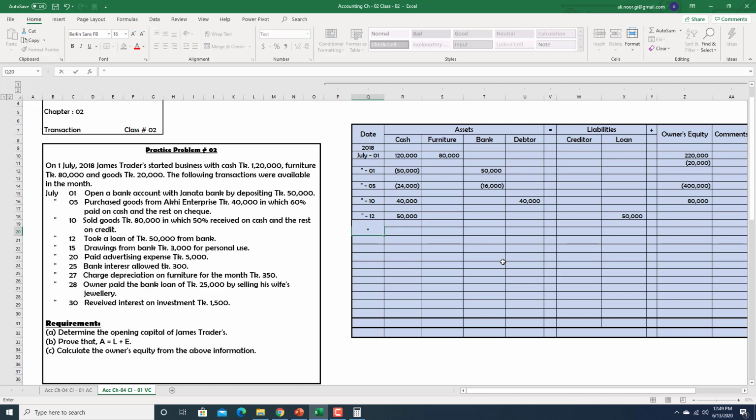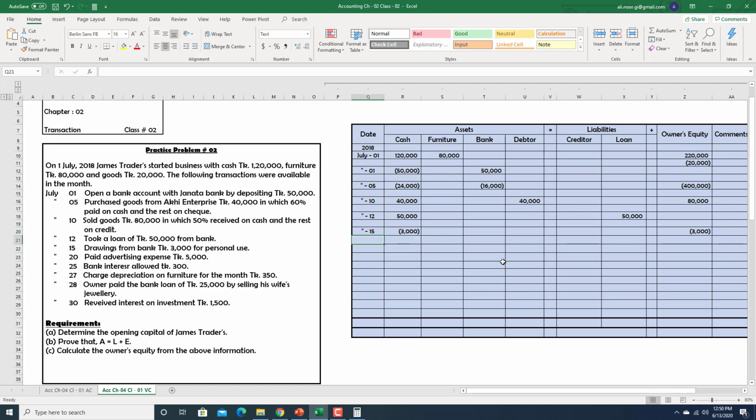So write under cash, this is July 15, minus 3,000, because it will decrease the cash account, and the owner's equity account as well. So minus 3,000. For withdrawing money from the business for personal use, it will decrease both cash and owner's equity.